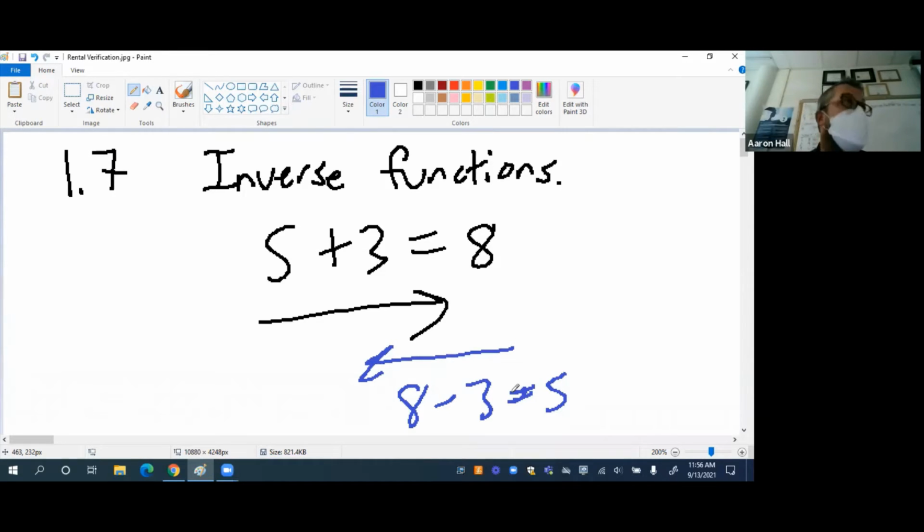I'm going to pack my pajamas last. That's an inverse. I pack it last so I can take it out first. It's basically going backward. We don't want to call it opposite because it's not quite an opposite.